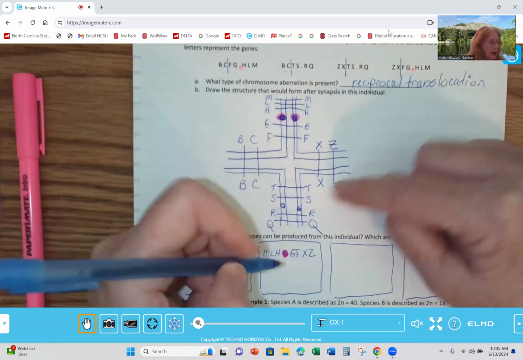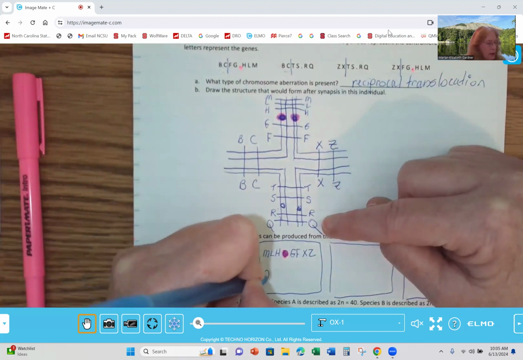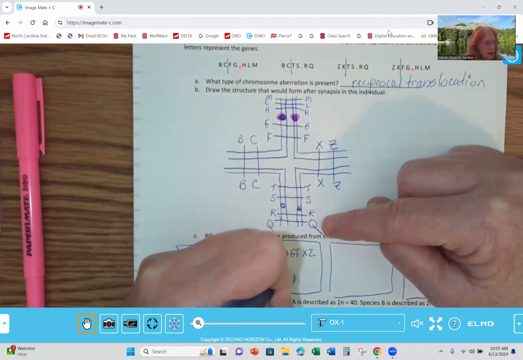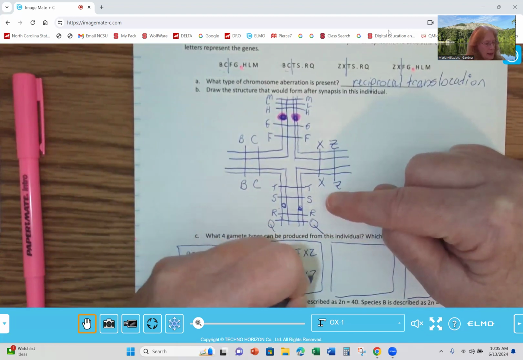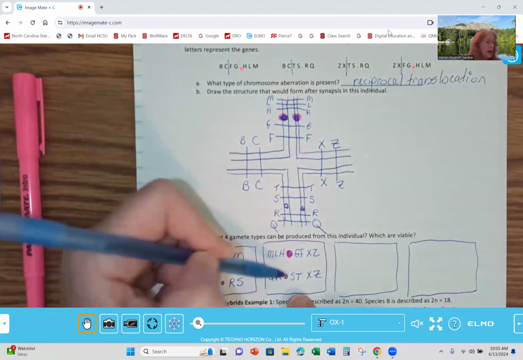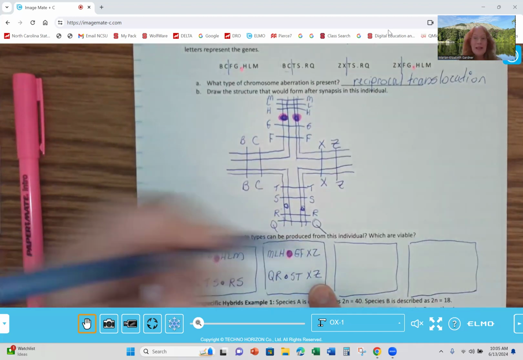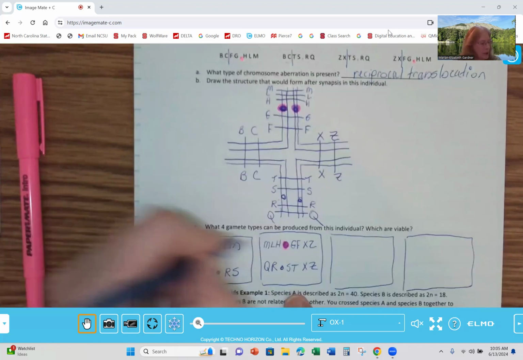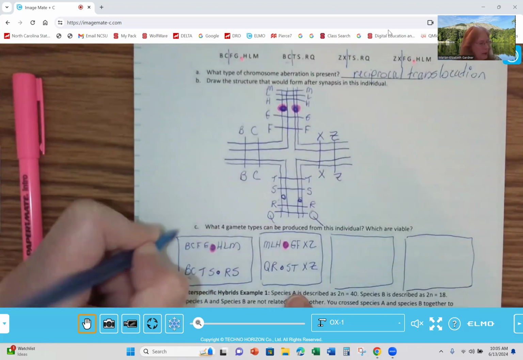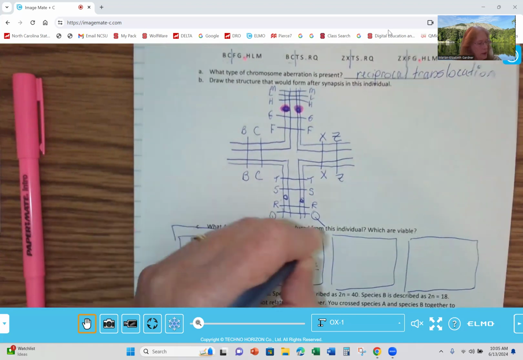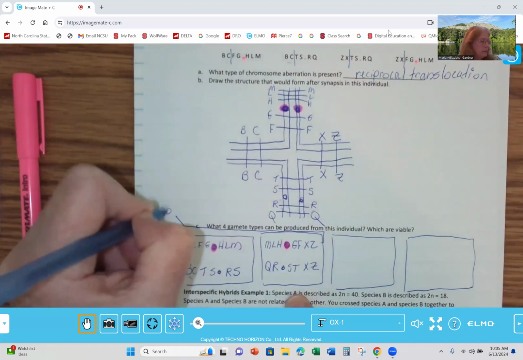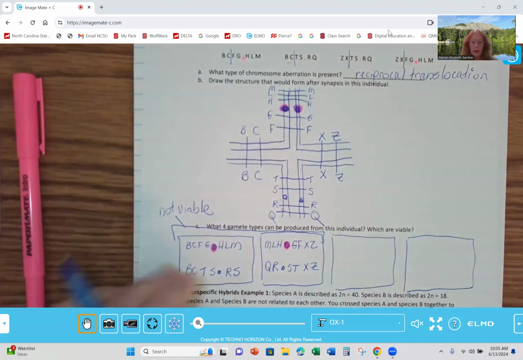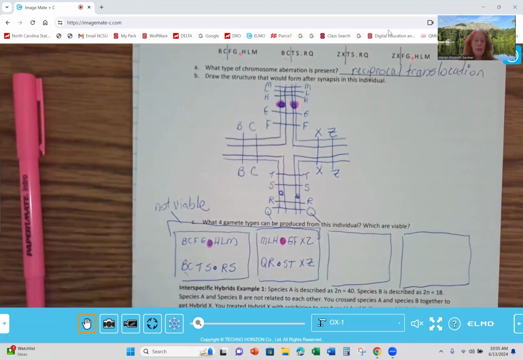And then on this side, we would have had Q, R, blue centromere, S, T, X, Z. Also not viable because now we have two copies of XZ and we're missing the BC. So these two are not viable. The other two will be viable.